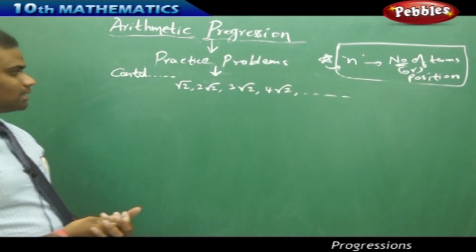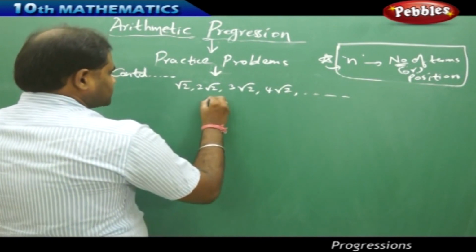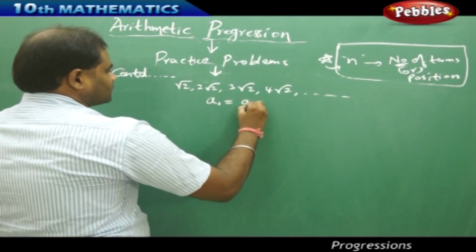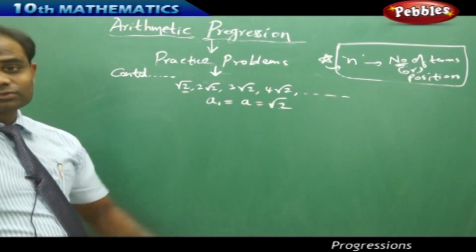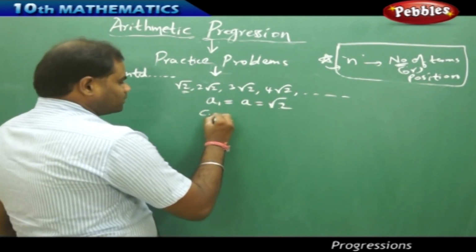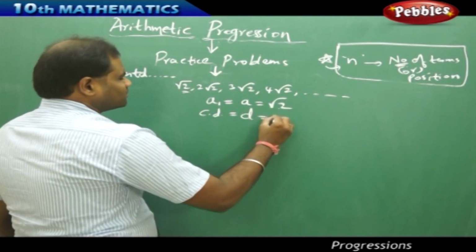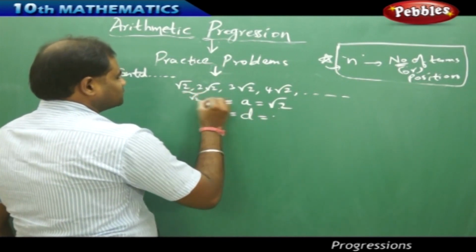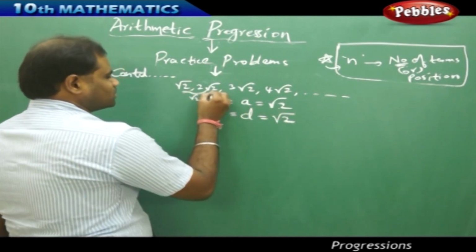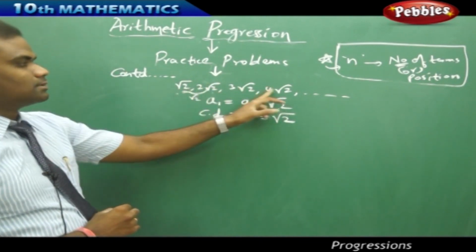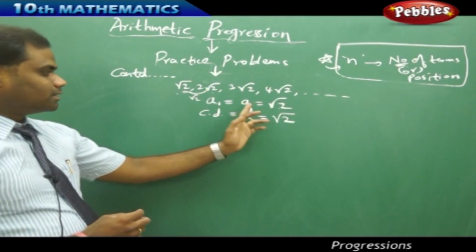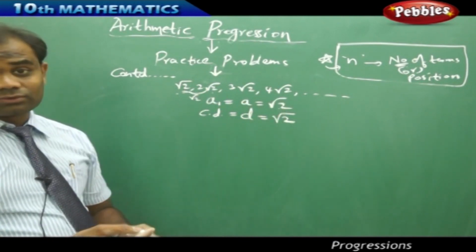Now with this, I have the first term, which is given by a, and that is root 2, because the first term here is root 2. So a is root 2 here. And the common difference is d, which is the term minus the previous term, which is again root 2. This minus this, or this minus this, gives me a is root 2 and d is also root 2.